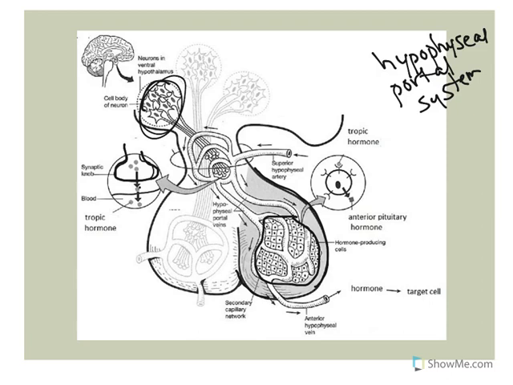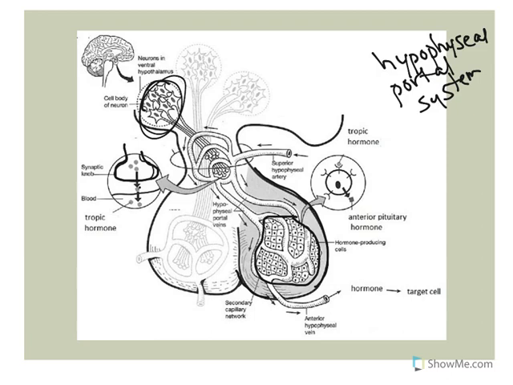The reason we have this system set up in the brain is so that relatively small quantities of those tropic hormones can be transported to the anterior pituitary in very concentrated forms, so they're not going to be diluted out in your systemic circulation.